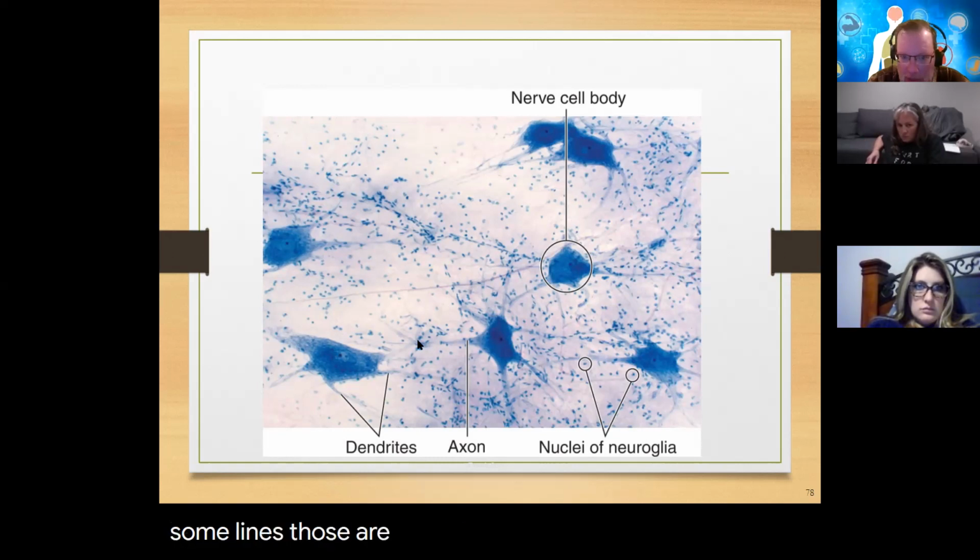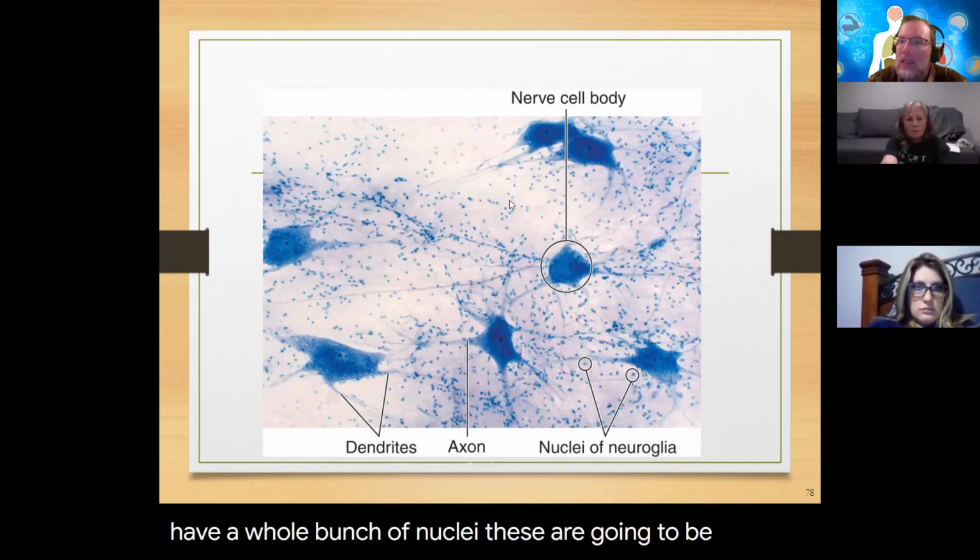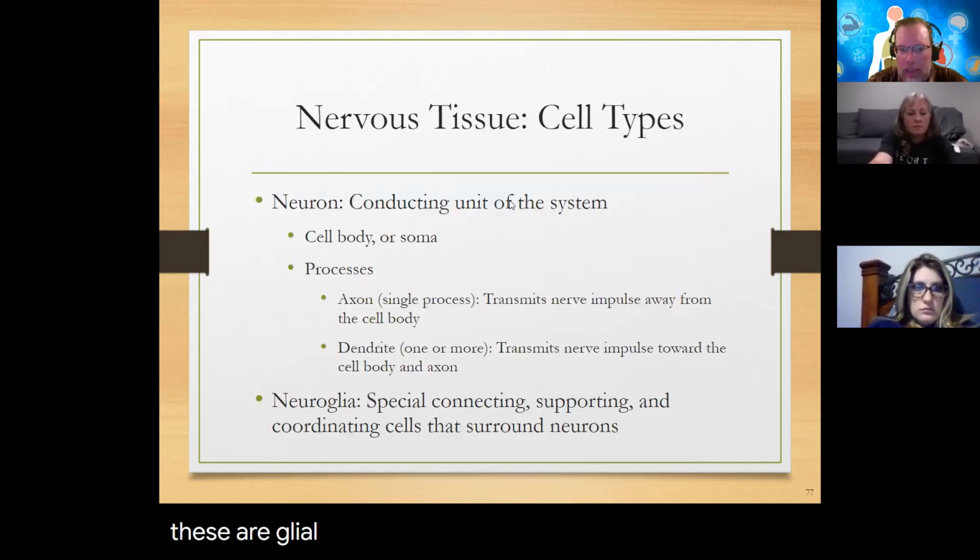Those are going to be axons and dendrites. But wherever we see all these little spots, remember, darker spots imply there's a nucleus. So we have a whole bunch of nuclei. These are glial, G-L-I-A-L. Glial means glue, nerve glue.